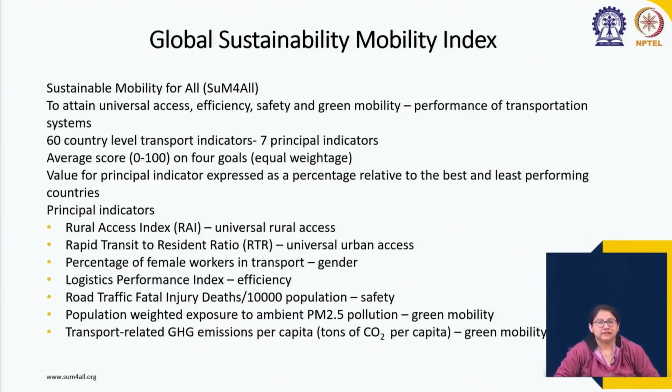So, the Global Sustainability Mobility Index, which was later expanded and created by Sustainable Mobility for All, was used so that different nations could assess their performance in relation to transportation system, particularly with respect to these 4 categories of universal access, efficiency, safety and green mobility.